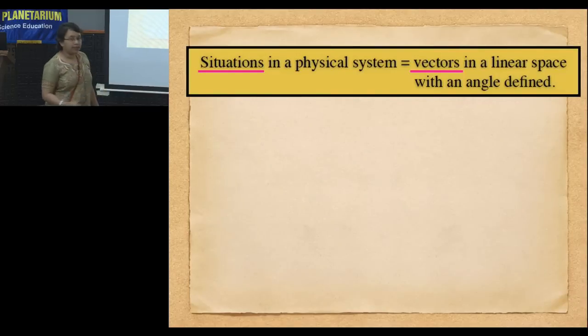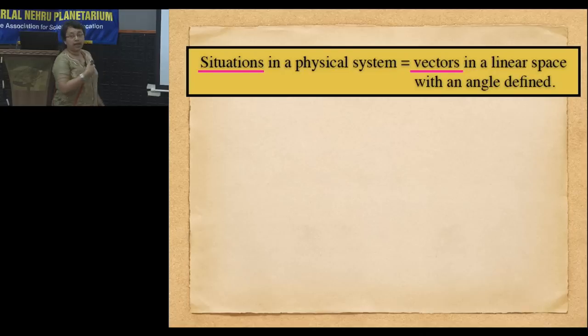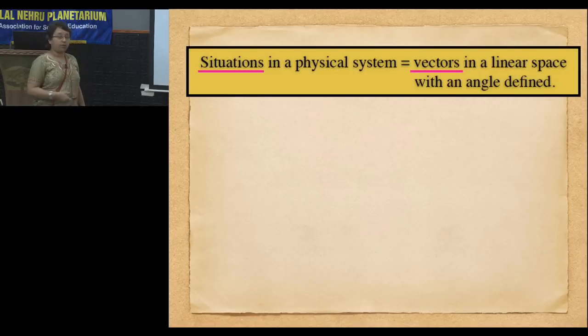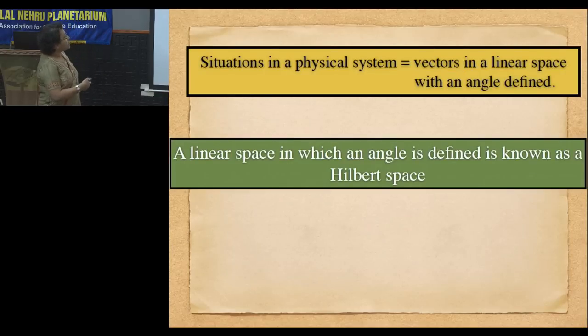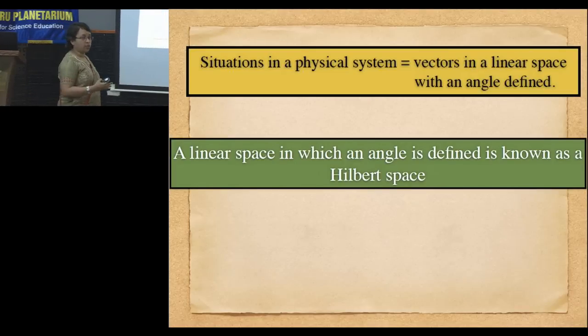So the basic thing that I require is the following. In quantum physics, any situation that I want to describe in a physical system is associated with vectors in a linear space, and this linear space should also include the concept of angle. A linear space in which angle is defined is known as a Hilbert space.